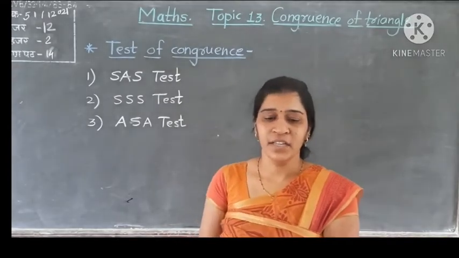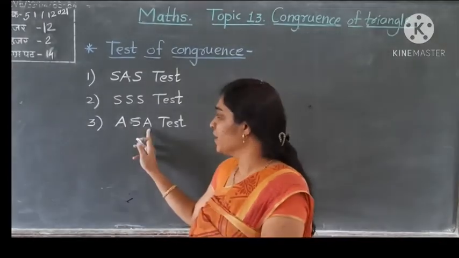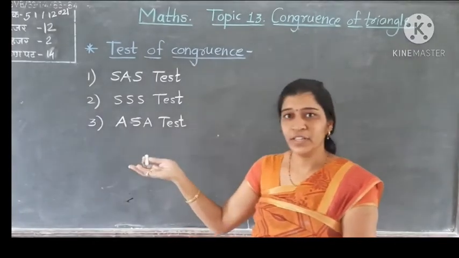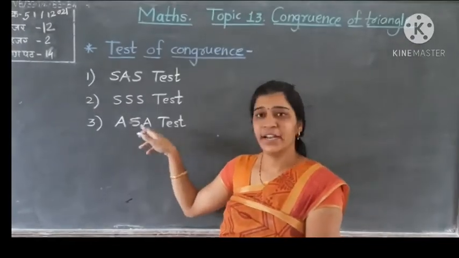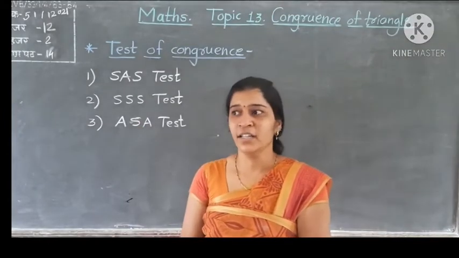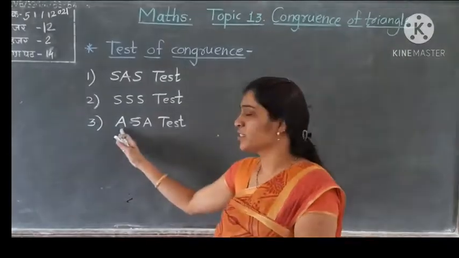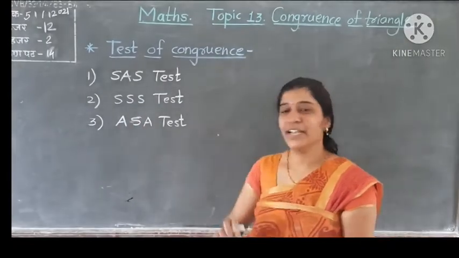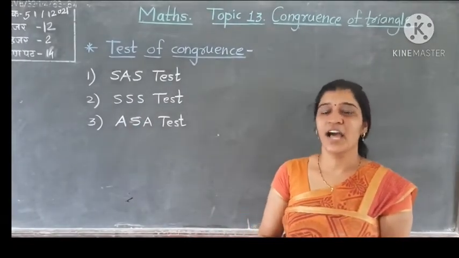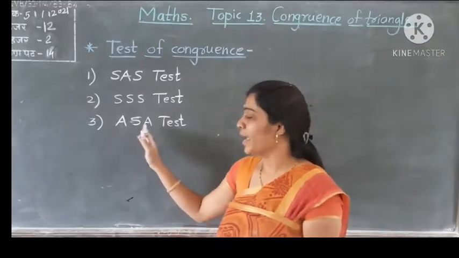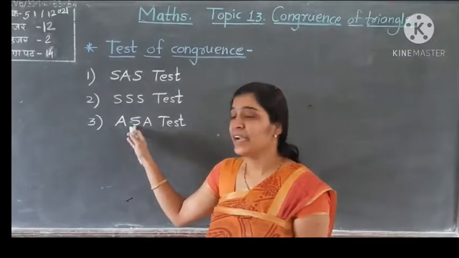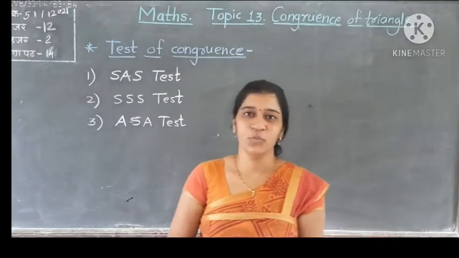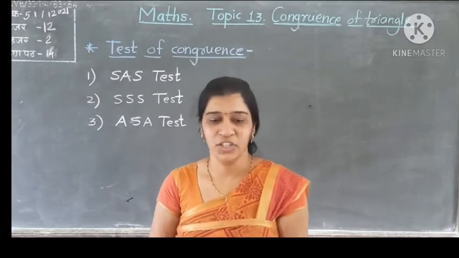Means here, if two angles and included side of a triangle are congruent with corresponding two angles and included side of the other triangle, then the two triangles are said to be congruent with each other.